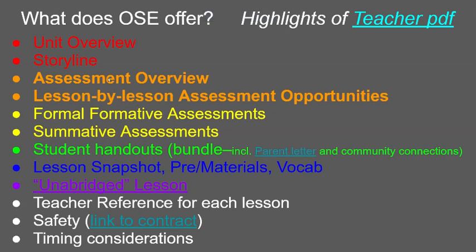There is the storyline that I already talked about. There's a really great resource, which is the assessment overview, and then also the lesson by lesson assessment opportunities, which go into detail telling you exactly what you could be focusing on, which of the dimensions, which part of each dimension in the NGSS performance expectation you could be looking for during a particular lesson.